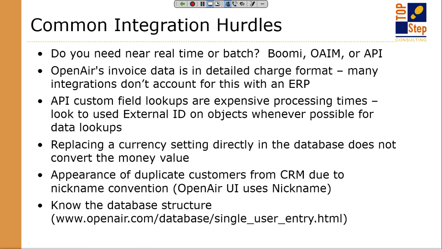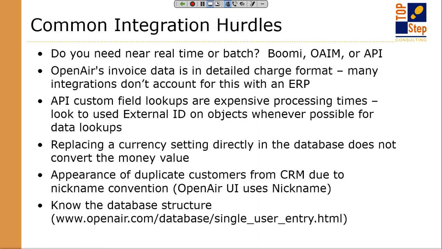OpenAir's invoice data, as I mentioned before, is in the detailed charge format, and a lot of these other systems and their integrations can't really handle that. They're looking for invoice summaries or line item summaries or things of that nature. One example of this that's not quite the same is when you have to perform a credit between OpenAir and NetSuite. Now that's a native integration and everything flows smoothly except credits.